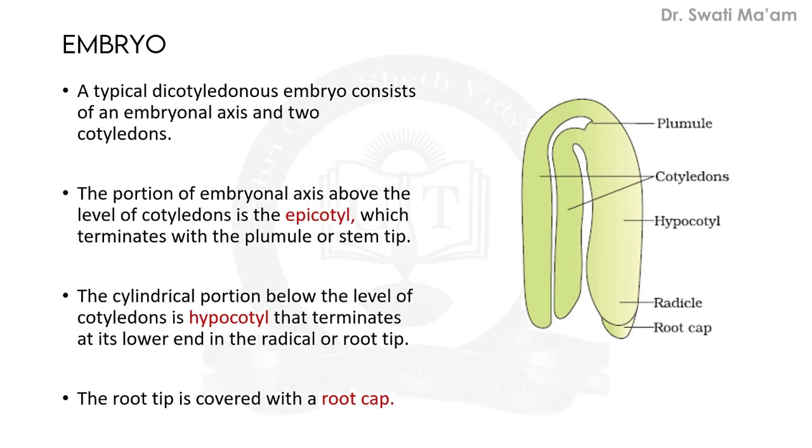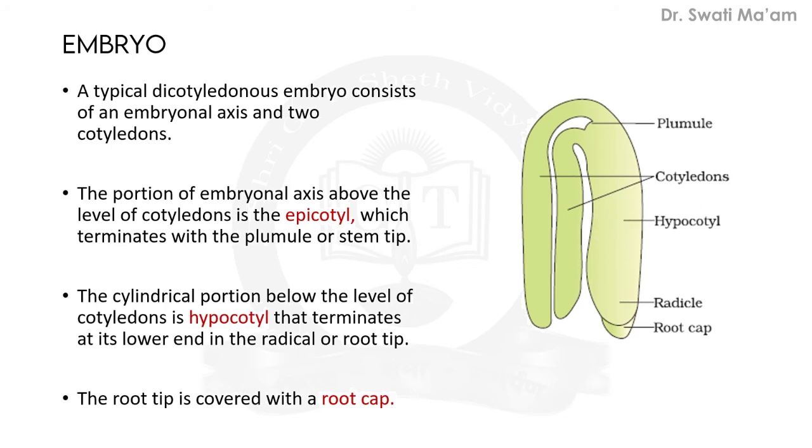The portion of the embryonal axis above the level of the cotyledons is known as the epicotyl, which terminates with the plumule or stem tip. This plumule will give rise to the stem when the seed germinates. Similarly, the cylindrical portion below the level of the cotyledons is known as the hypocotyl.